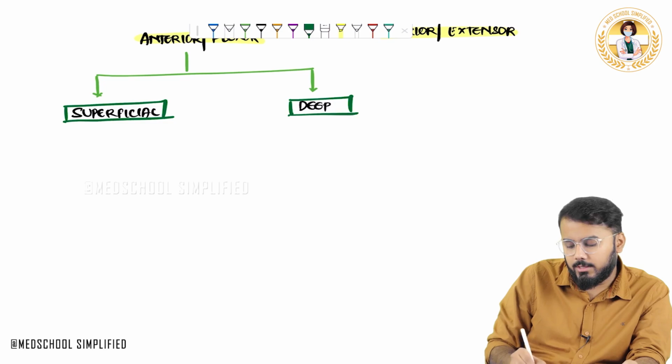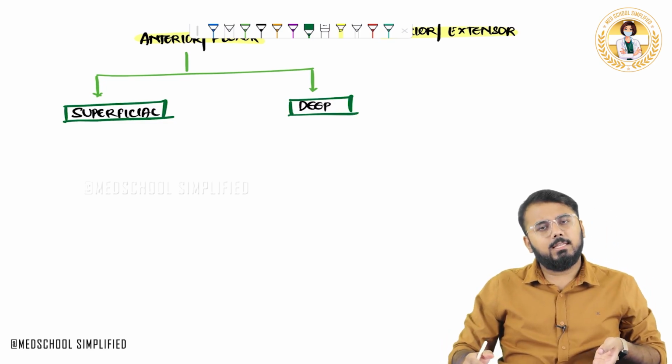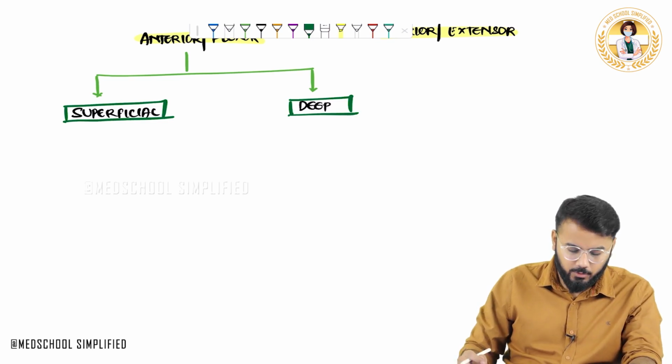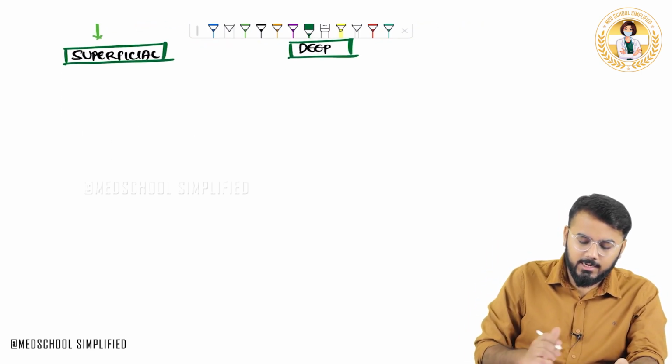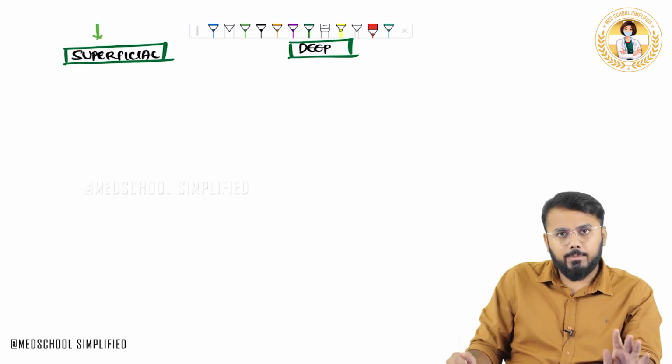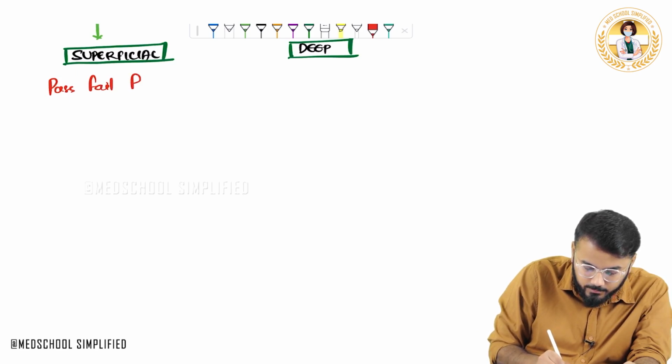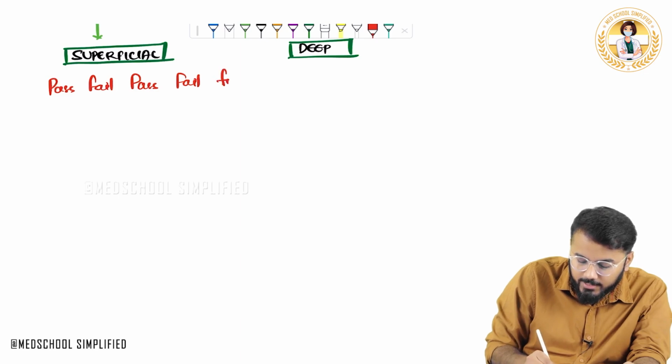First I will just write down the muscles, and then I will explain where these muscles are exactly located. First important thing, just remember it like this: pass, fail, and again, finally fail.